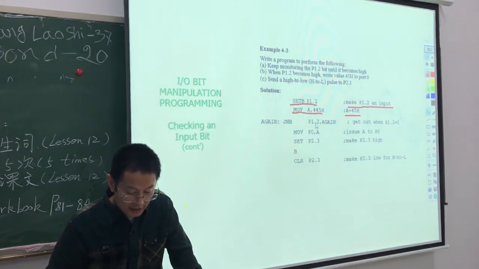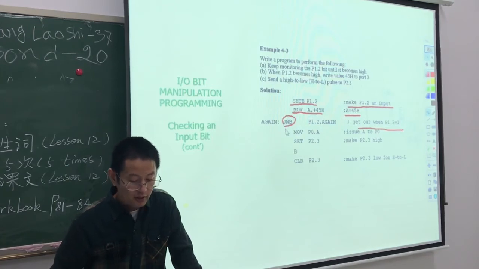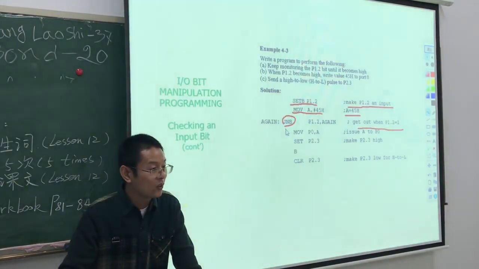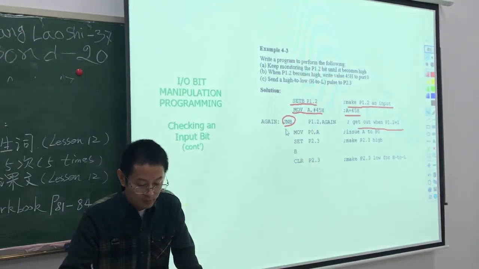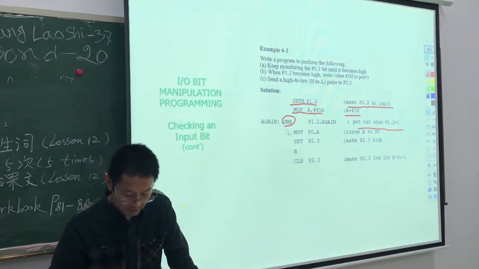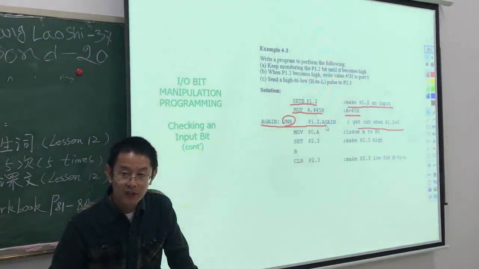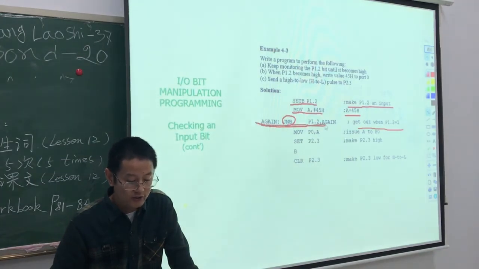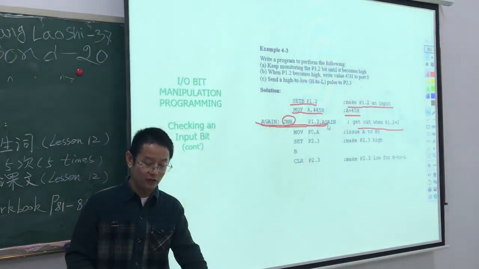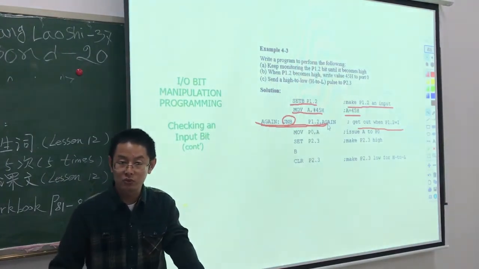This gets out when P1.2 is equal to 1. JNB P1.2, jump if not 1, which means wait here until P1.2 is equal to 1. The function of this line is to wait here for P1.2 to equal 1.